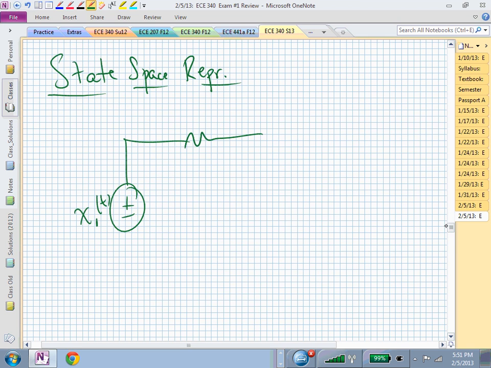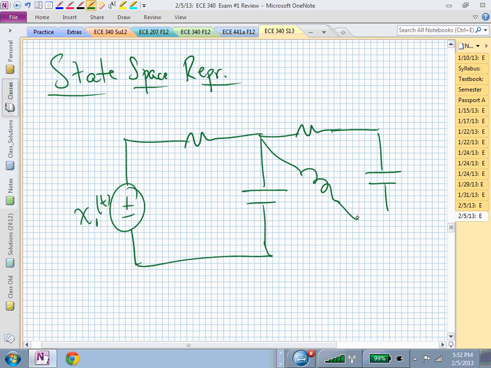Here's an R1. Here's a capacitor. Here's a resistor. Here's another capacitor. Oh, here's an inductor. Here's a current source.